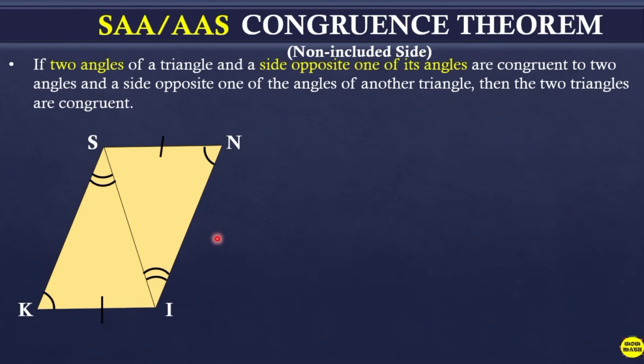So, given this figure, we have KI corresponds to NS. Next, angle K corresponds to angle N. And angle S corresponds to, KSI corresponds to NIS. Now, as you can see, i-check natin, yung side natin dito ay non-included. Paano ba natin masasabing non-included?